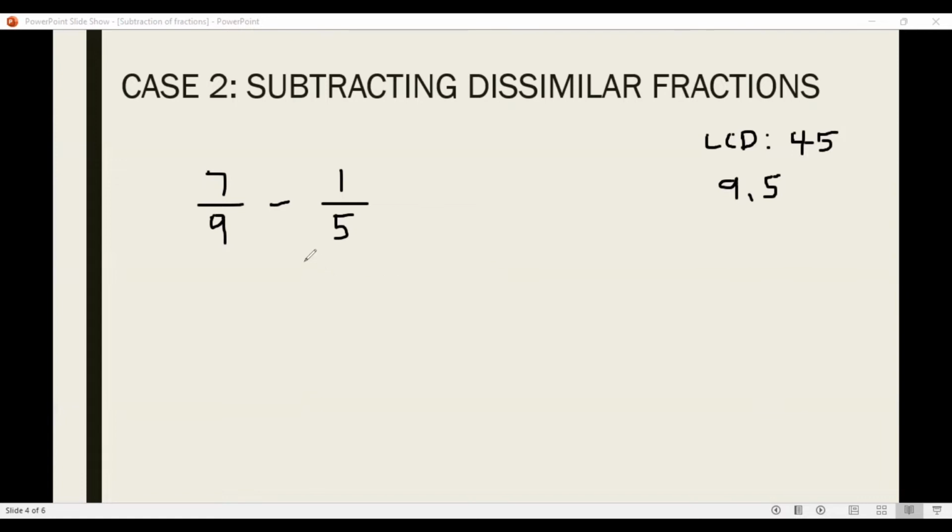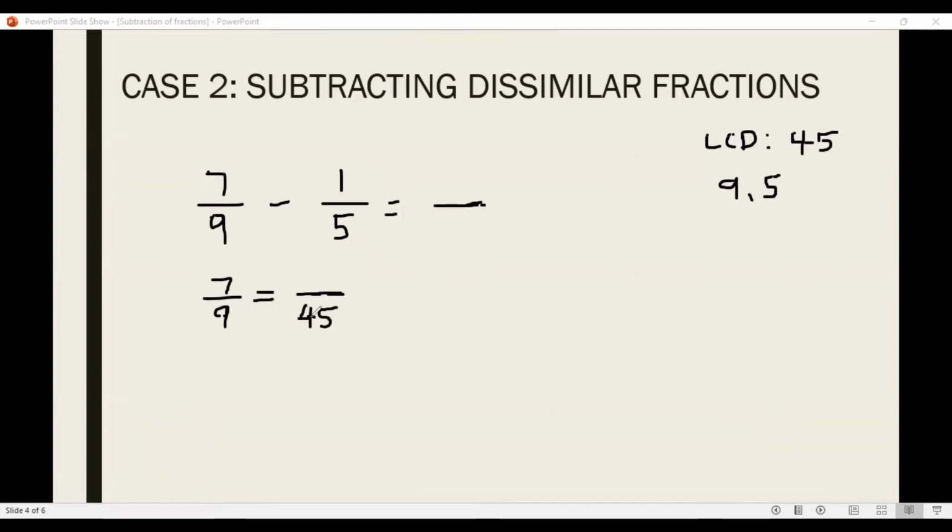Okay, so there is a need now for us to rename our fractions in terms of the denominator, 45. So the rule is still the same. We have 7 over 9, and we are looking for equivalent fractions in such a way that the denominator is 45.